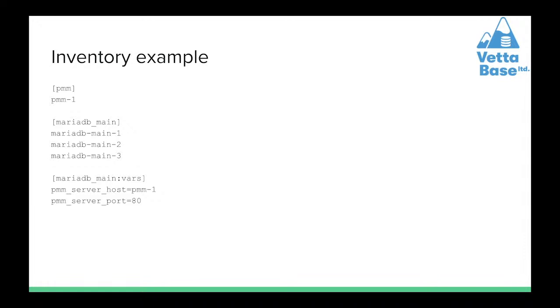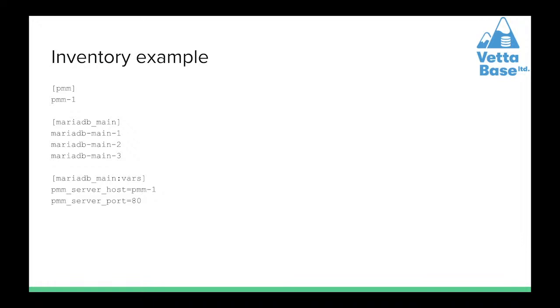The second group is MariaDB main. You can see we have 3 hosts. And then the last block of lines is variables for MariaDB main. So we are defining some variables in an inventory.